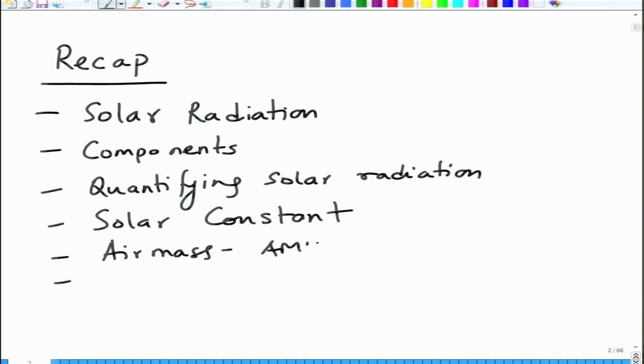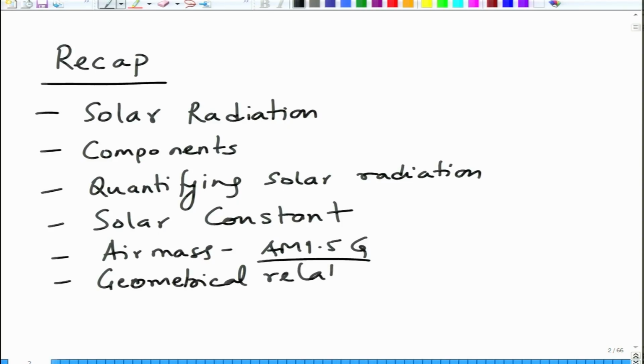So, average air mass is 1.5 G. This is the average intensity when we characterize the solar cell, averaged for the whole day. And then we looked at the geometrical relationships. Because solar panels are not horizontal on the surface, they are always at a certain angle and hence they make a certain angle to the sun beam, and in order to calculate those angles you need to know geometrical relations.